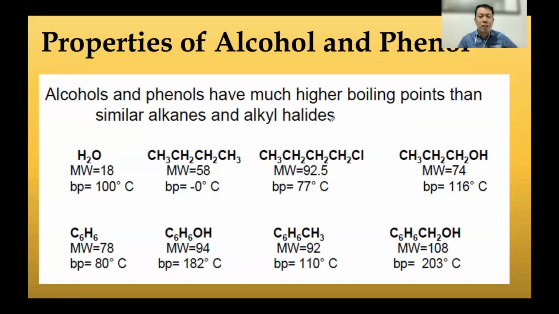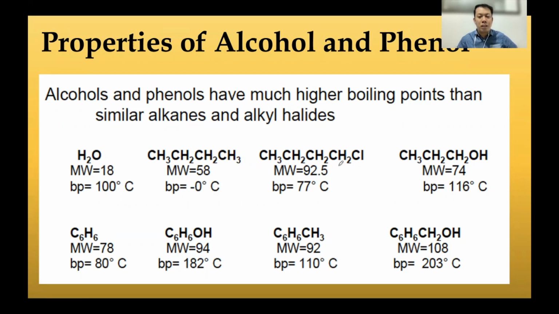Alcohols and phenols have much higher boiling points than similar alkanes and alkyl halides. So these are the examples. Water is 100 degrees Celsius. For this alkane, your boiling point is around 0 degrees Celsius.